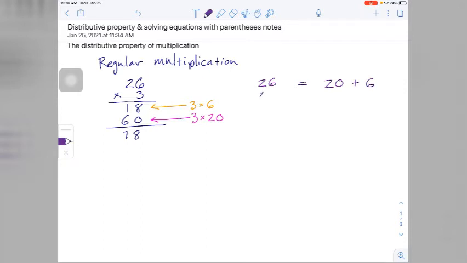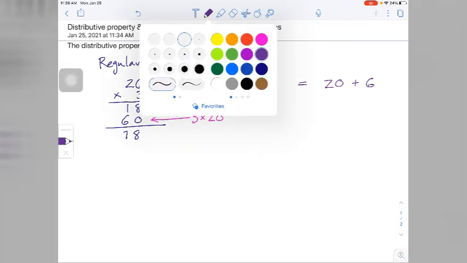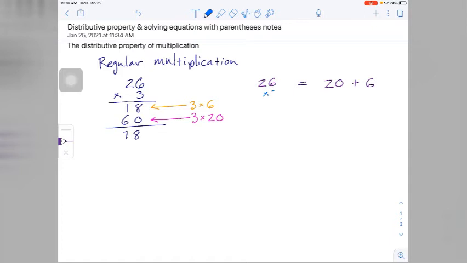And 26 times, well, let's use a different color here. 26 times 3 is equal to 20 times 3 plus 6 times 3.